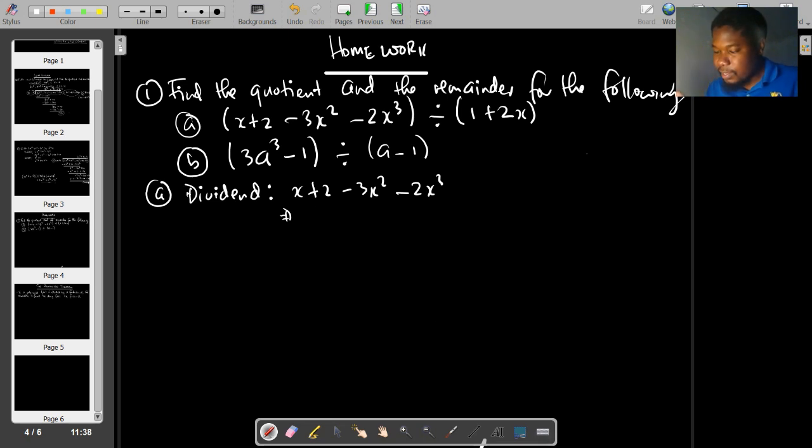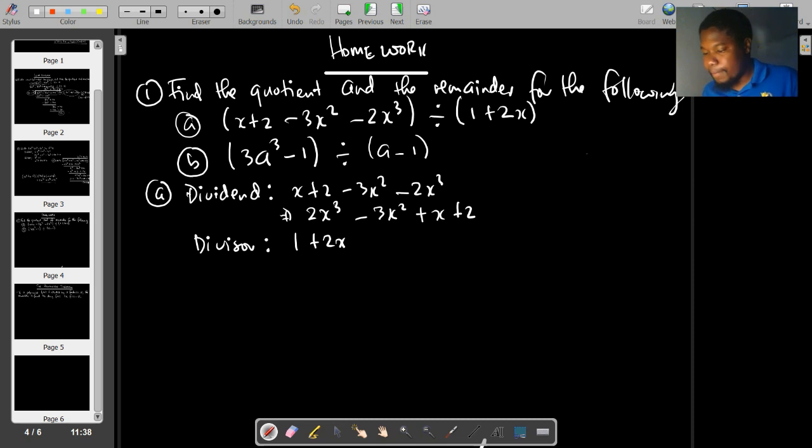We start with the term with the highest degree of the variable. So it will be 2x to the power 3 minus 3x squared plus x plus 2. And then we write the divisor. The divisor will be 1 plus 2x. Very important, so let's write it in order as well.